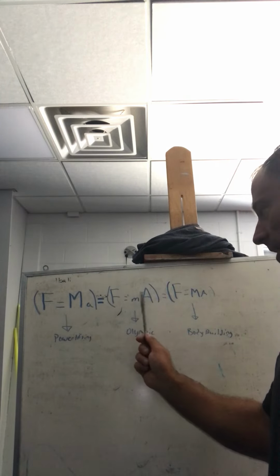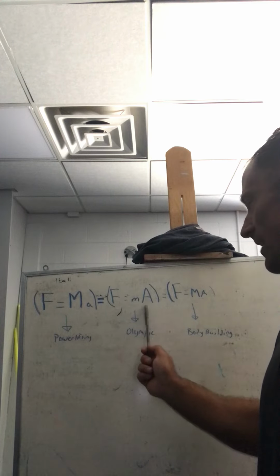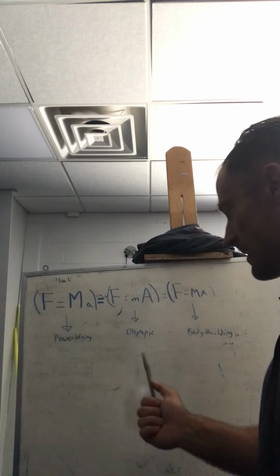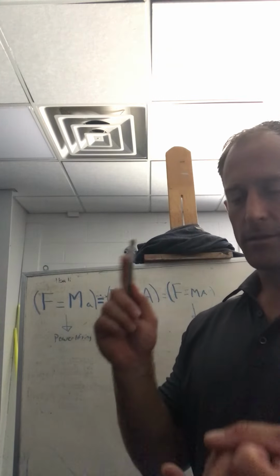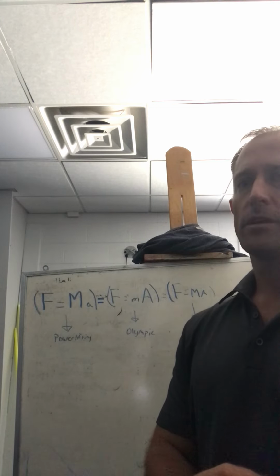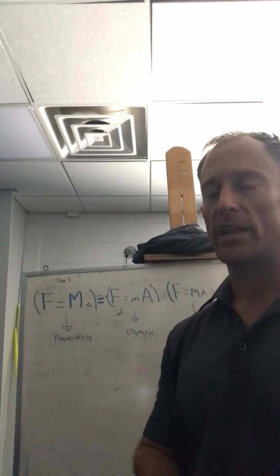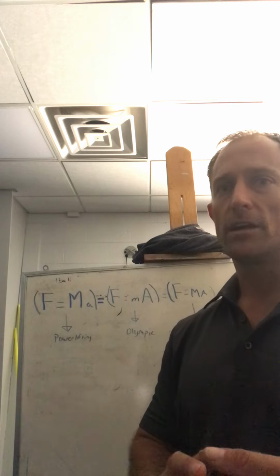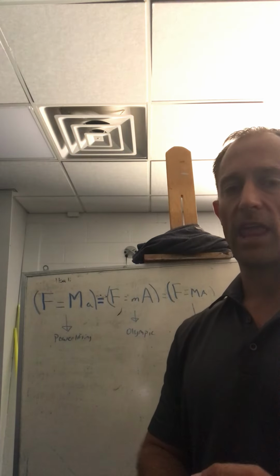Now we're lifting 1 pound at 135, and our acceleration is 135. Well, 1 times 135, this is a large A, small m, we're still at 135. So the force is the exact same. This is an example more like Olympic lifting. Snatch, clean, where you're still trying to lift as much weight as possible. That's the whole purpose, but the speed of the movement has to be a lot faster.